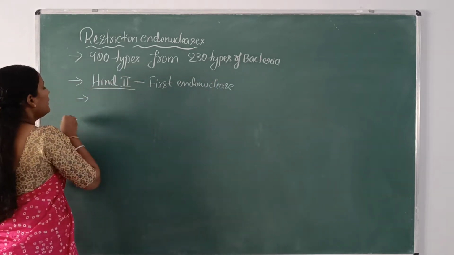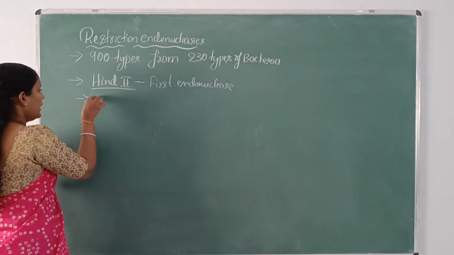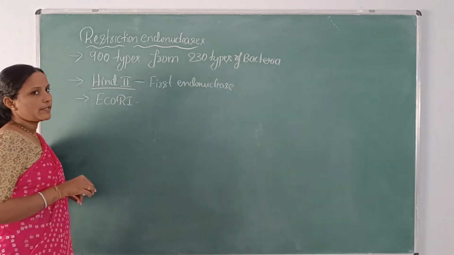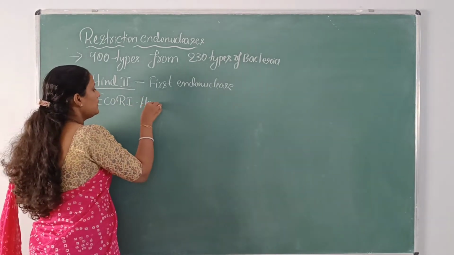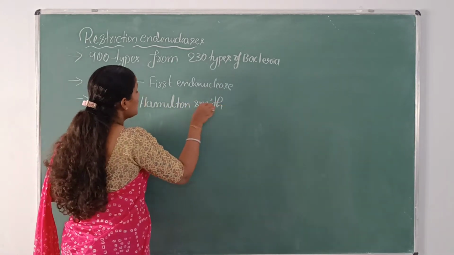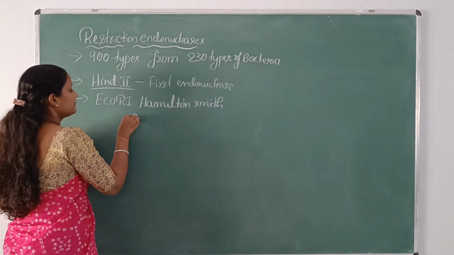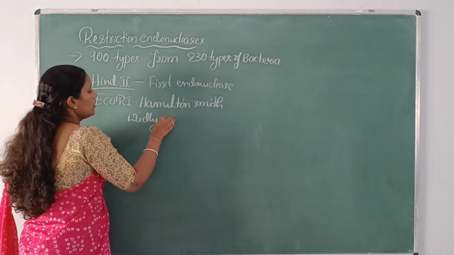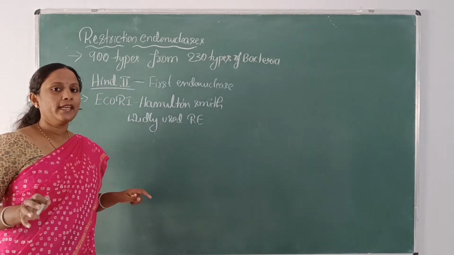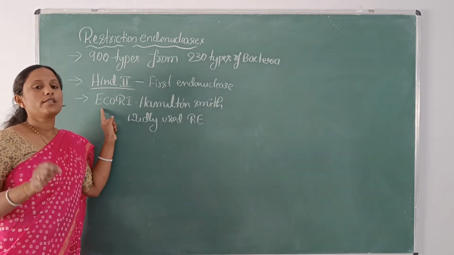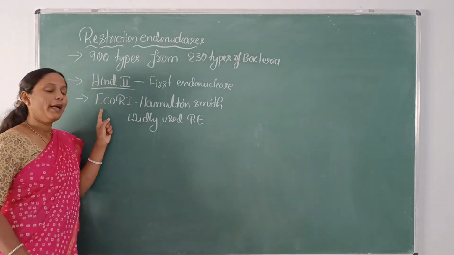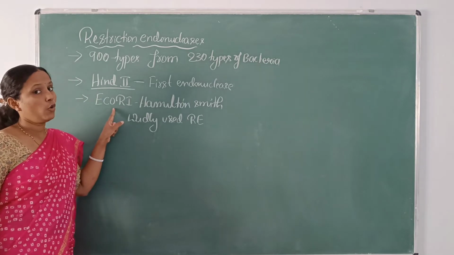And there is another restriction endonuclease called EcoRI, which was isolated by Hamilton Smith. Among many, the widely used restriction endonuclease is EcoRI, and it is from the bacteria Escherichia coli.